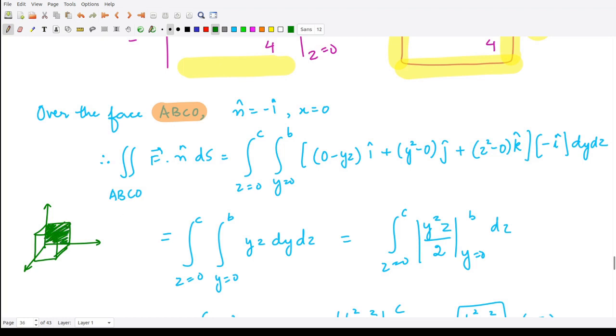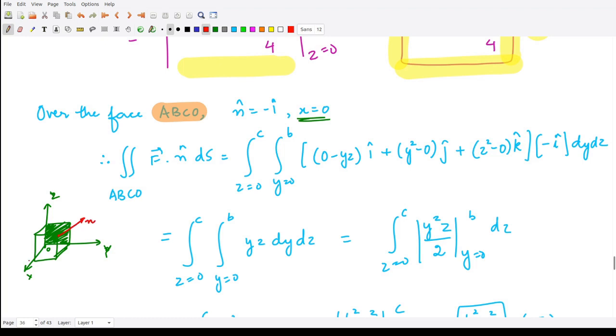For this face, the value of x is 0. The value of x is 0 here, and because this is the unit vector which is drawn perpendicular to this, would be outside to this, that means into the screen and perpendicular to this surface, so it would be something like this.